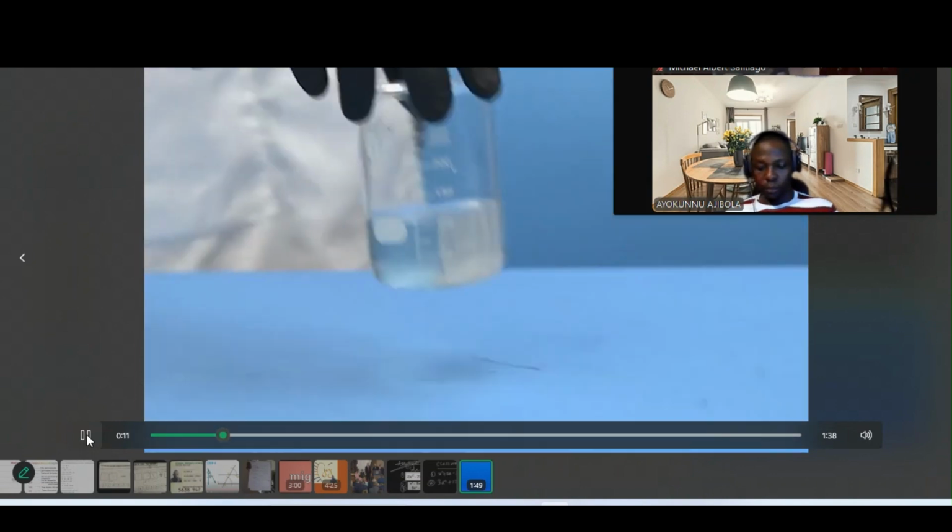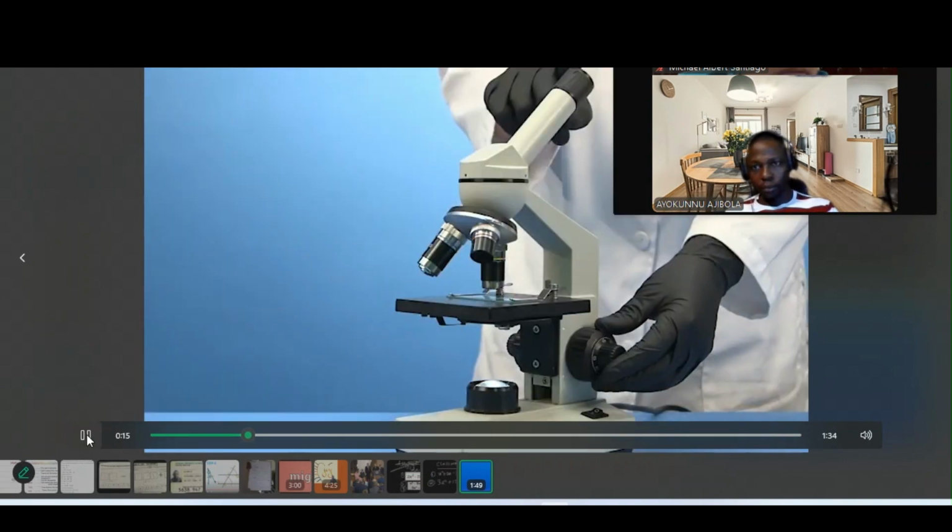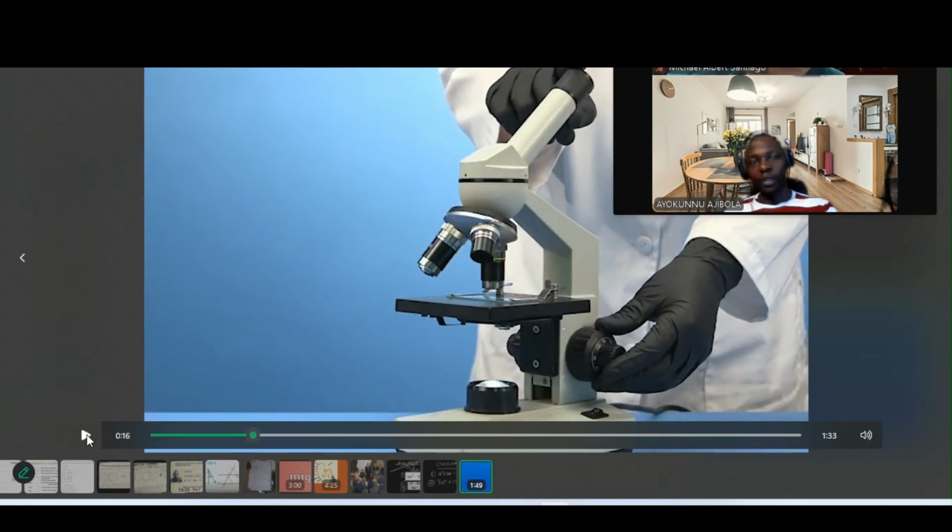If we collect a sample of pond water and observe it under the microscope, what do you think you could see? Miggy, unmute yourself so that I can monitor the audio around you. Unmute yourself.